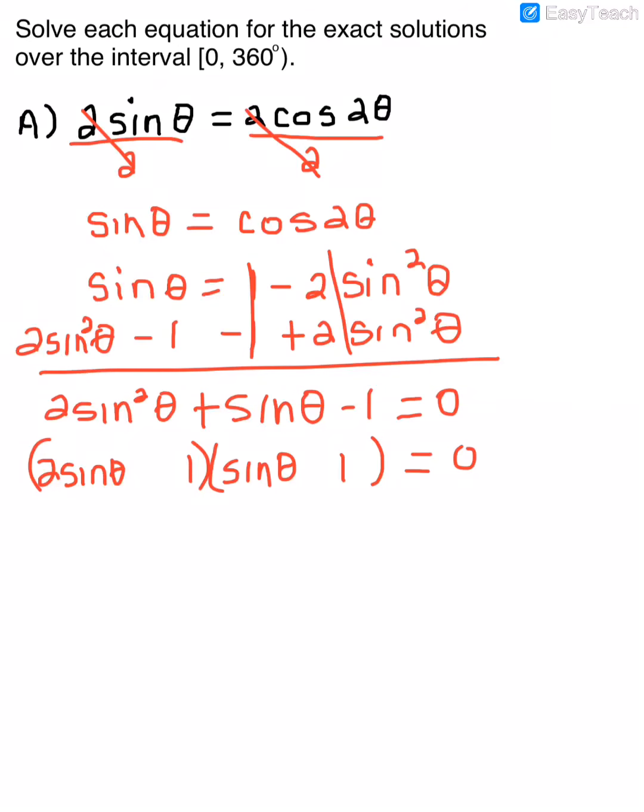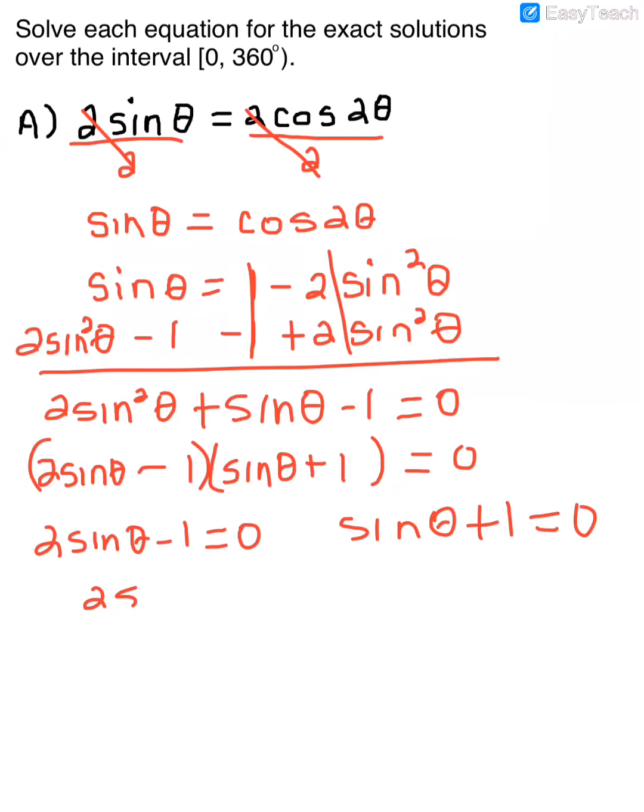And to get a plus sine of theta in the middle, my bigger product is going to have to be plus, and my other one is going to be minus. Okay, so that is my factored equation. So now I need to take each factor and set it equal to 0 and solve. All right, so I have 2 sine of theta minus 1 equals 0, and sine of theta plus 1 equals 0.